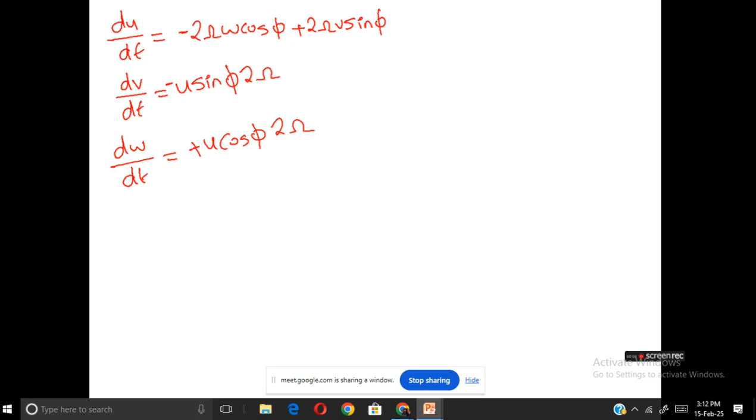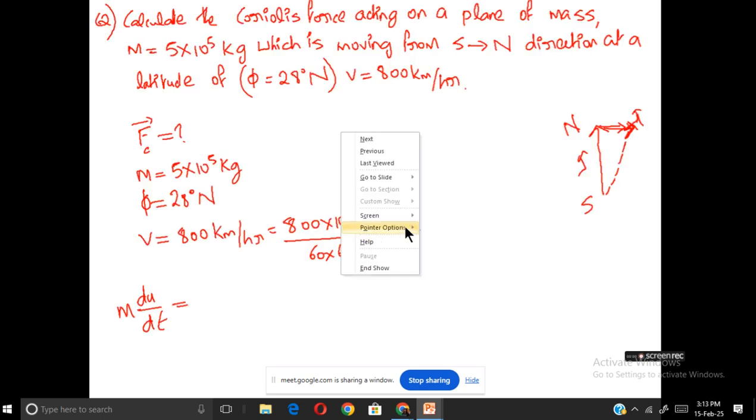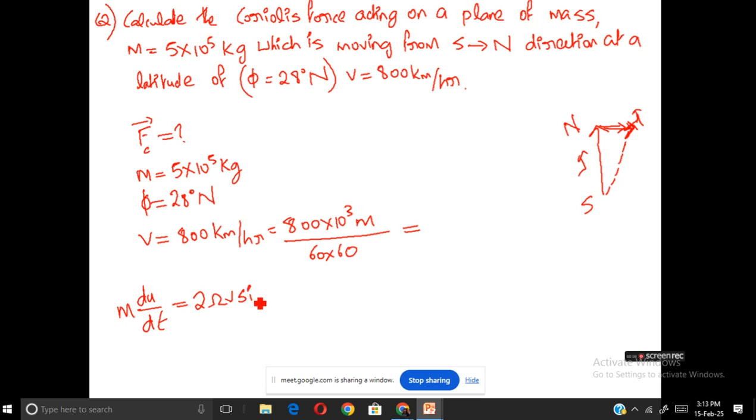Here w, the velocity of the body in the z direction, is 0. So only the second term will come, which is 2 omega v sin phi. So m du by dt is given by 2 omega v sin phi.